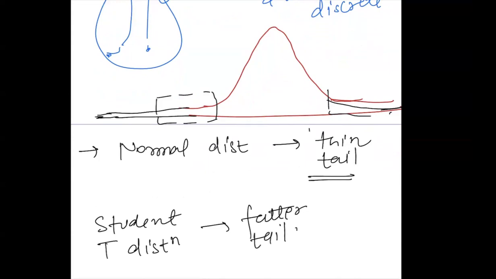When you have fatter tails, it is able to take into consideration the bigger fluctuations that happen in the tail. The normal distribution won't be able to capture the bigger fluctuations or the jumps that you see. That's why we consider other distributions like the student T distribution and the variance gamma distribution.